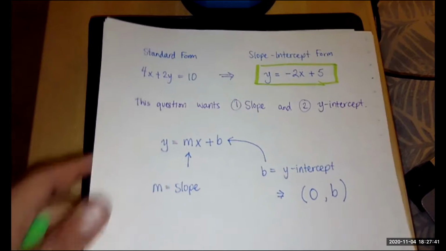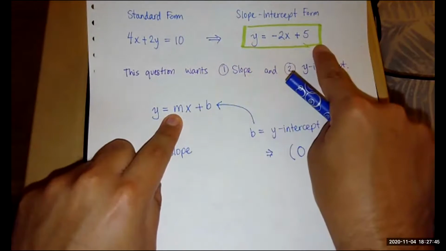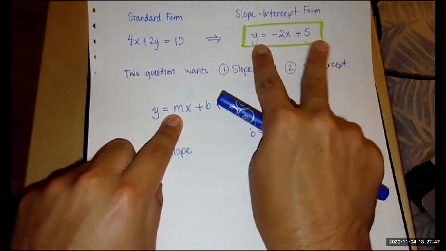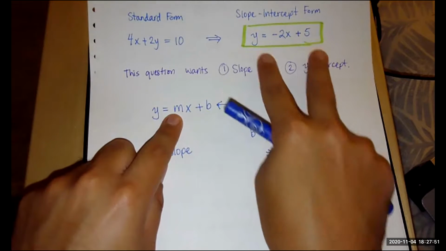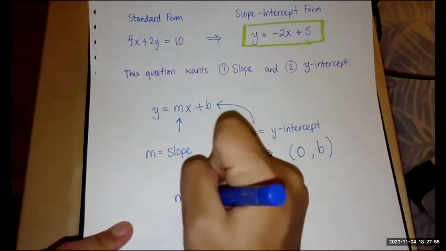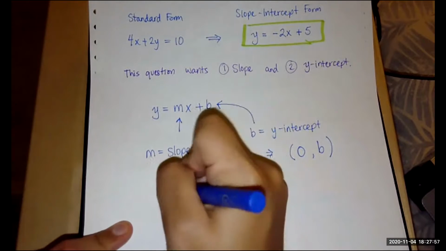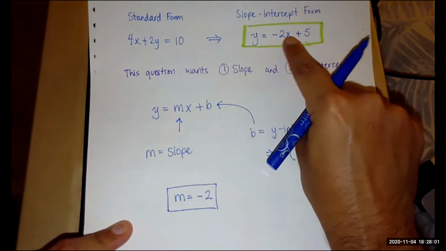So just by looking at this equation and comparing it to what we have here, I don't have to do any more math. I don't have to graph this equation at all. I can just automatically say that my slope, m, is equal to -2, because that's the thing that's next to the x, right?